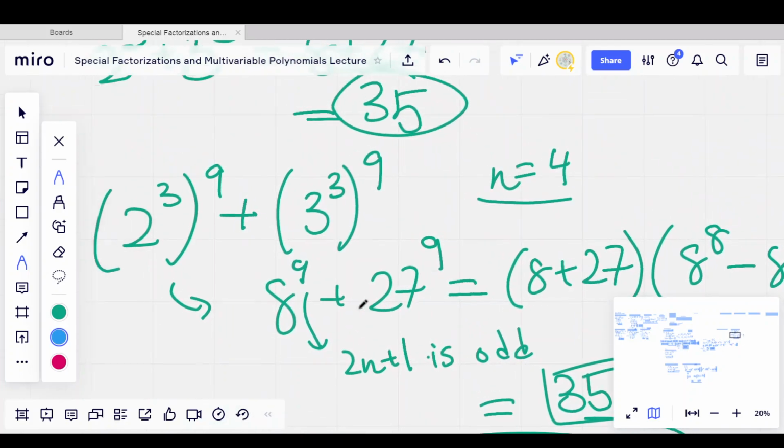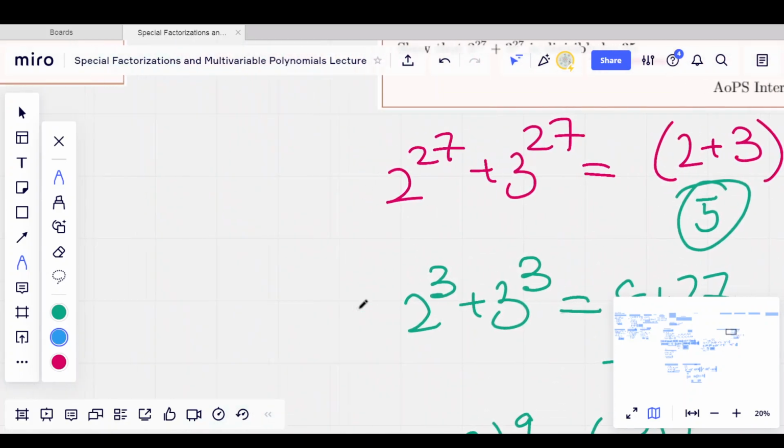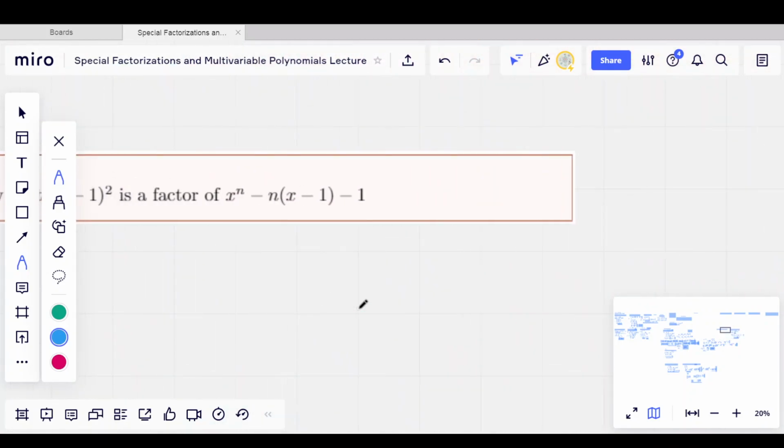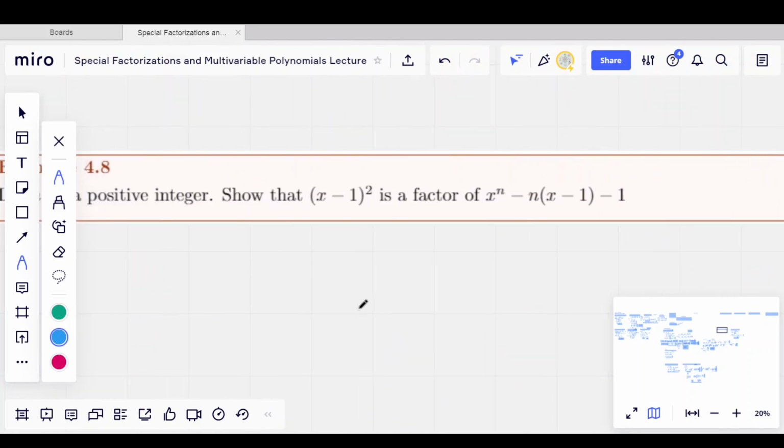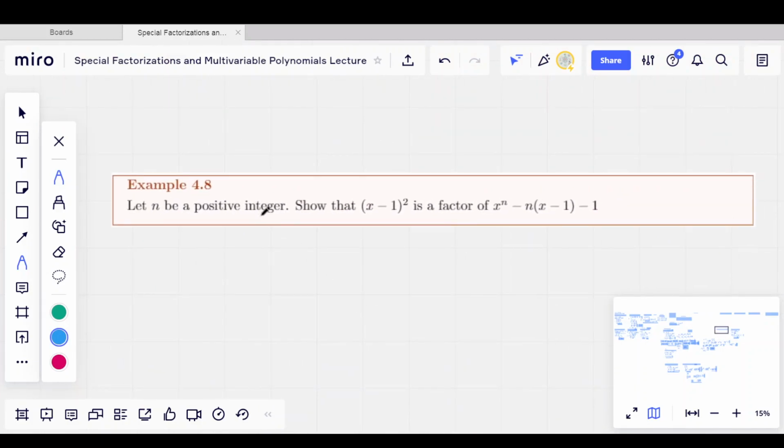Okay, now let's move on to the second example. So let n be a positive integer. Show that x minus 1 squared is a factor of x to the n minus n times x minus 1 minus 1. This should actually be kind of trivial because you have all these x minus 1s here.